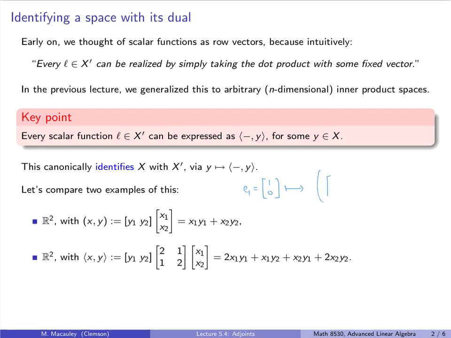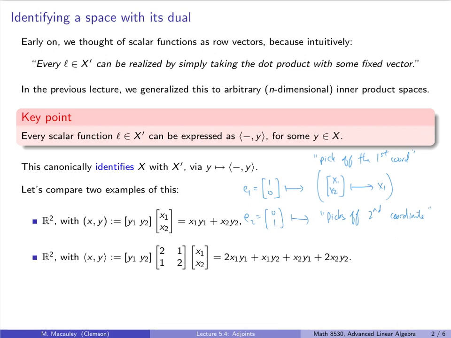I'm not a big fan of writing a map to a different map, but I'll try this. So maybe it's better to say that E1 gets mapped to the linear function which picks off the first coordinate. And then, of course, E2 gets mapped to the thing that picks off the second coordinate.